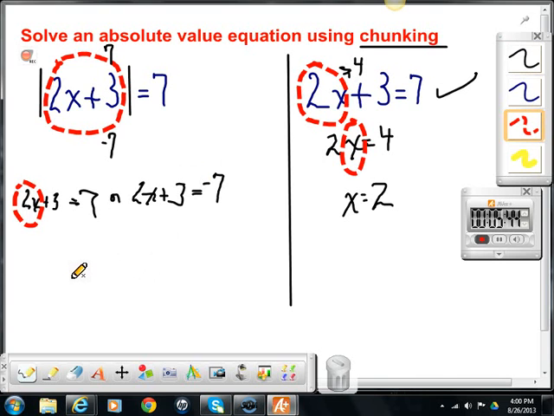Now it becomes basically the same problem we solved before. Here's our chunk again. I'm going to work these two together. So 2x for our first equation can be 4, just like it was over here.